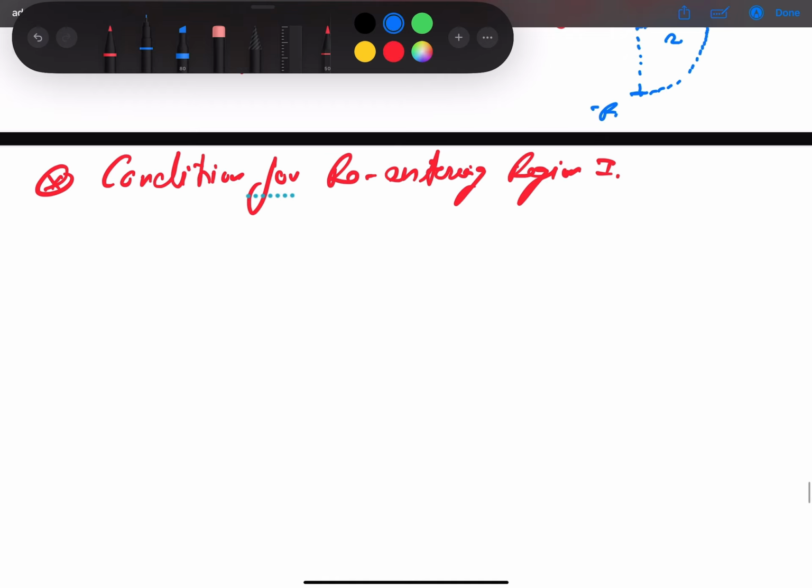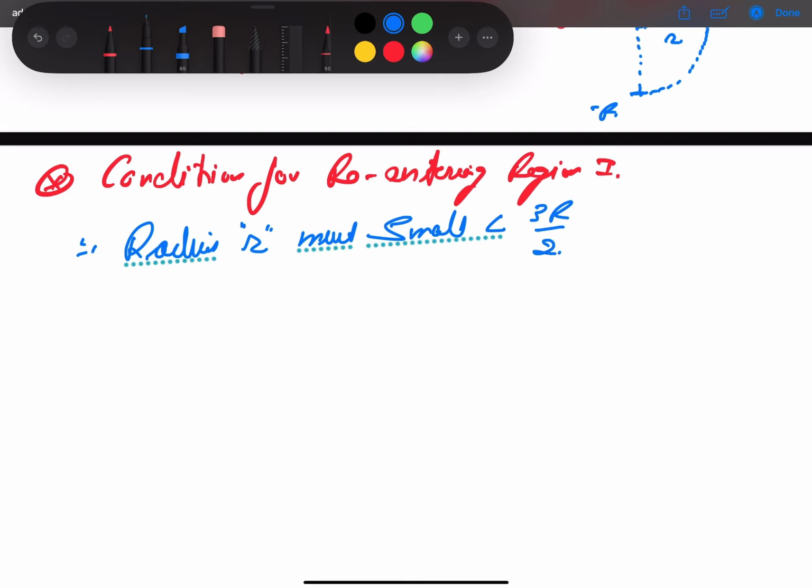So we can say that the radius r must be small, that is, less than 3r/2.